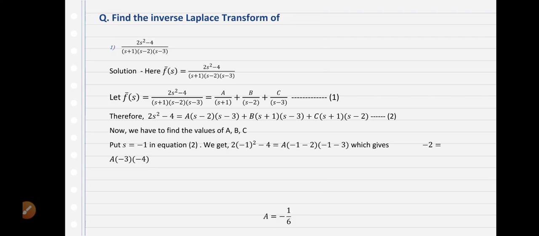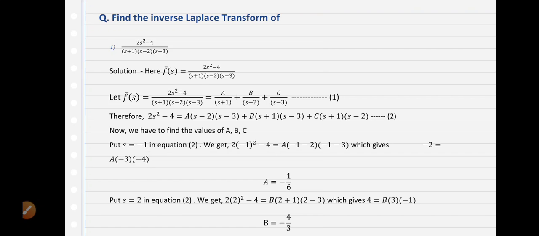Solving this, we get A equal to minus 1 by 6. So we have got the value of the first constant, A equal to minus 1 by 6. In the same way, put s equal to 2 in equation 2 and you will get B equal to minus 4 by 3. You can verify the value of constant B; all the steps are given here in this slide.